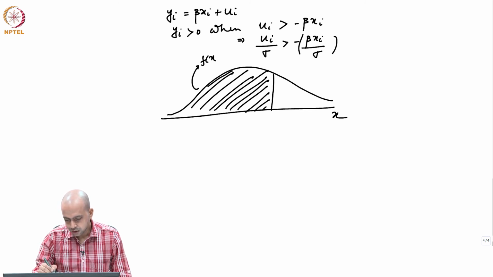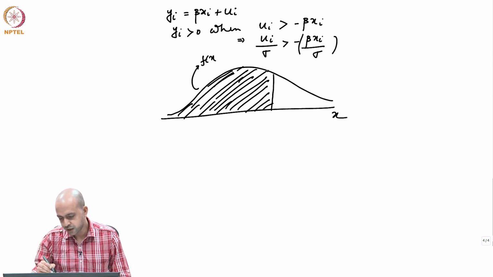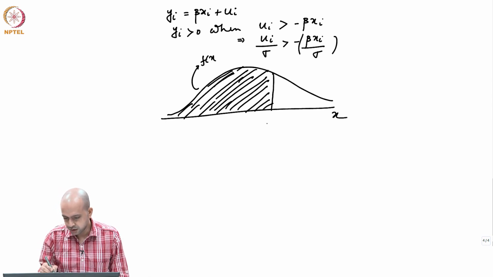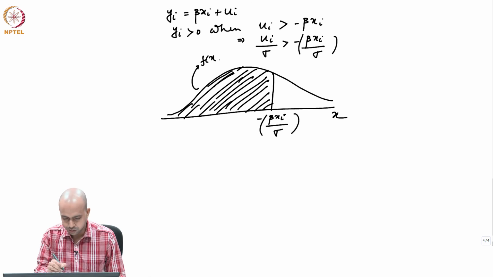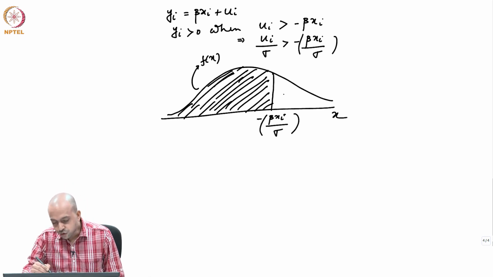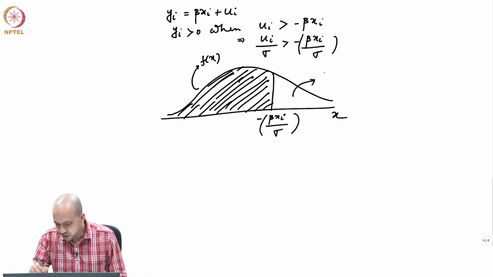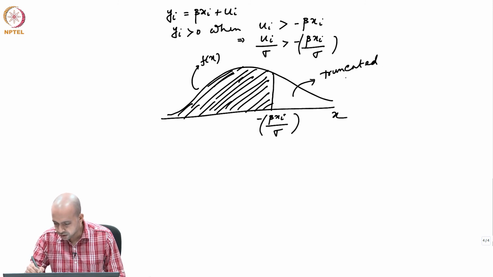I can observe yi only when ui by sigma is above minus of beta xi by sigma, so I am considering only this part of the distribution. So, this is a truncated normal distribution.